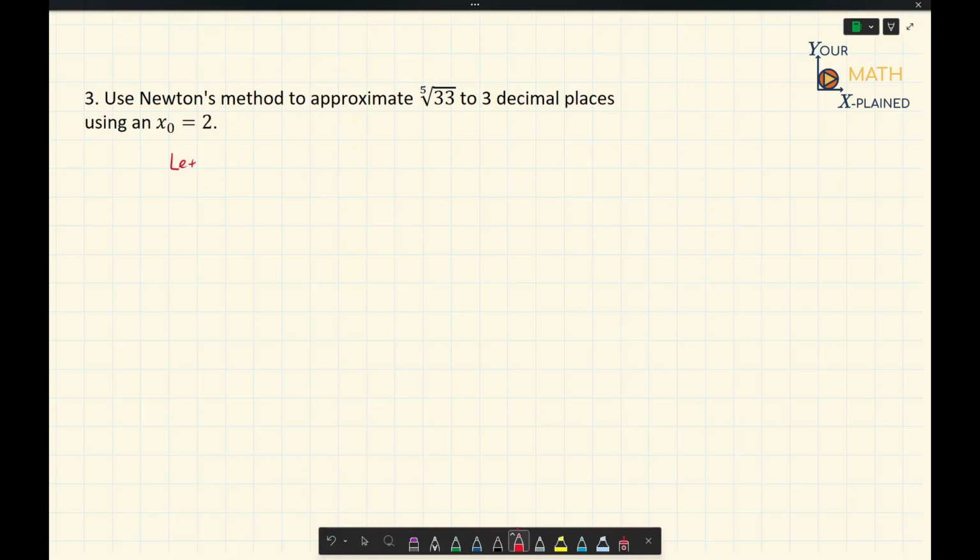So if we let our answer x be equal to the 5th root of 33, then that means x to the power of 5 is equal to 33, which means if we want to have a function f of x and approximate the root of the function, we would set our function f of x to be equal to x to the power of 5 minus 33. So this means our derivative f prime of x is going to be 5 times x to the power of 4.